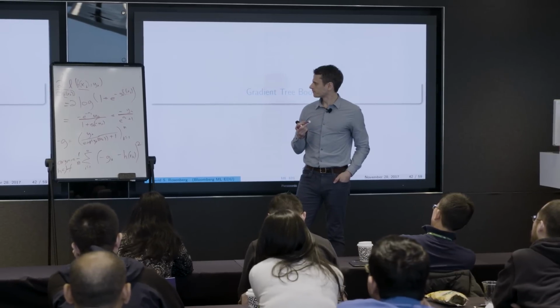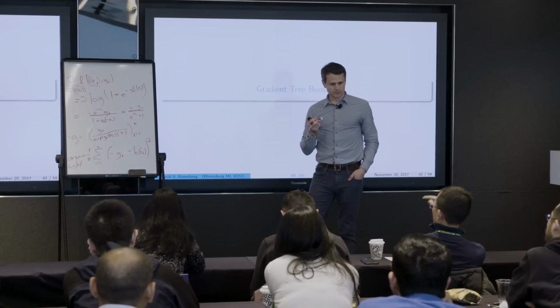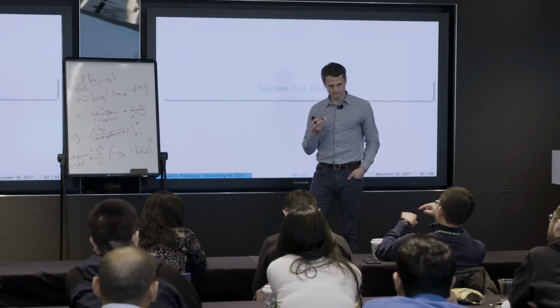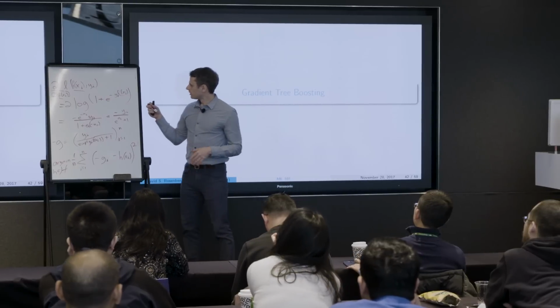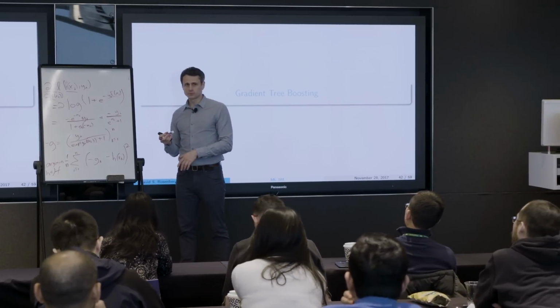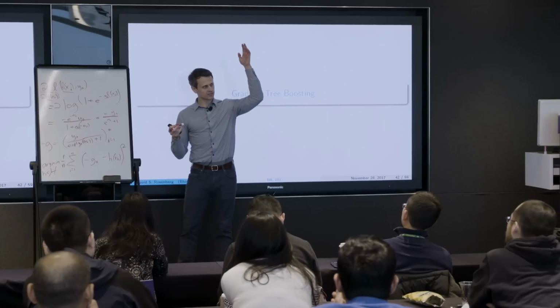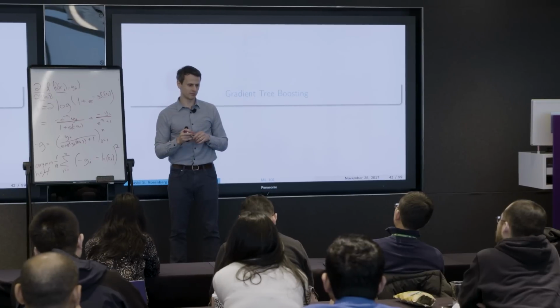I think that each data point will pull this function in a different direction. It'll want f to be hugely positive on the positive examples and hugely negative on the negative examples.